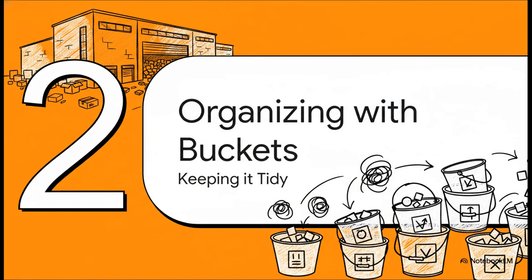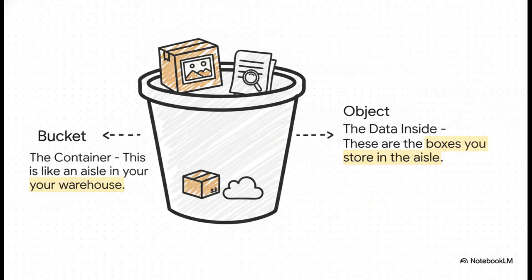Okay, so if we've got this unimaginably huge warehouse, how do we stop it from turning into a total chaotic mess? Well, that's where buckets come into play. The system is actually pretty simple, but it's incredibly powerful. A bucket is your main container. Think of it like a specific aisle in our warehouse. And an object? That's the actual box you're putting on the shelf in that aisle.